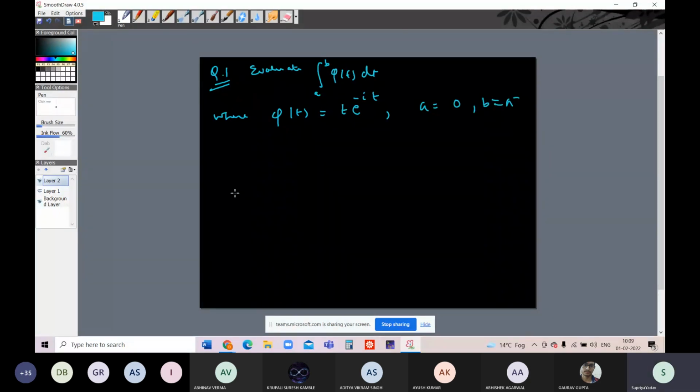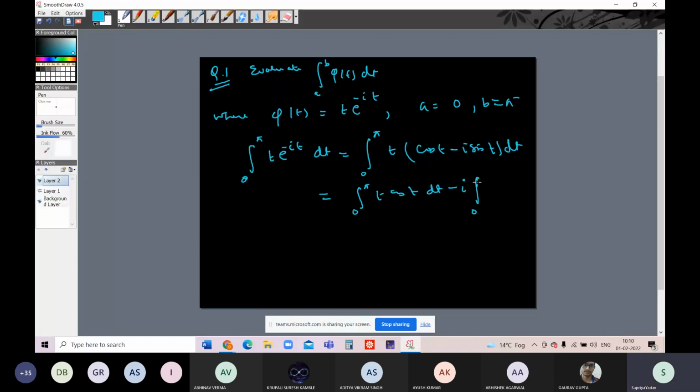Okay, so this is the integral 0 to pi t e to the power minus it dt. We can write it like 0 to pi t, and in place of e to the power minus it we can write cos t minus i sin t dt. So we can also write it like integral 0 to pi t cos t dt minus iota integral 0 to pi t sin t dt. So we will integrate it.